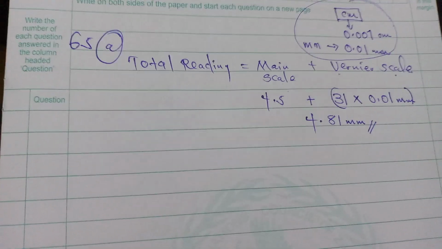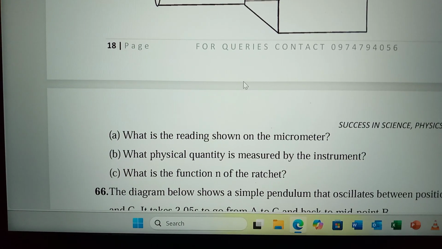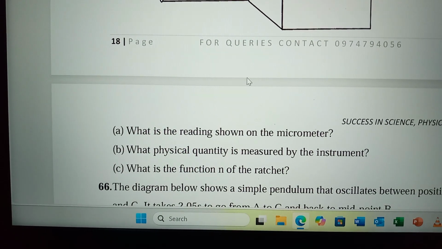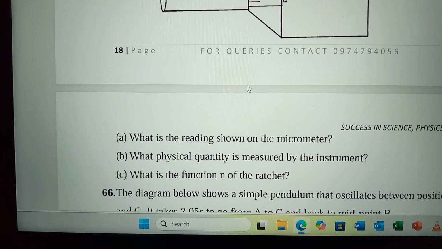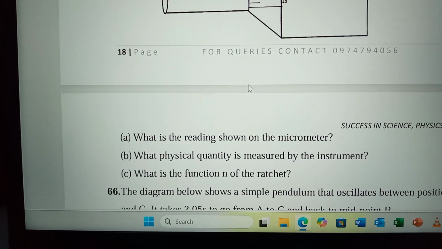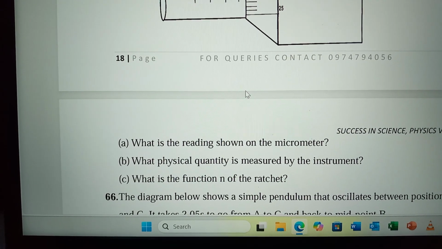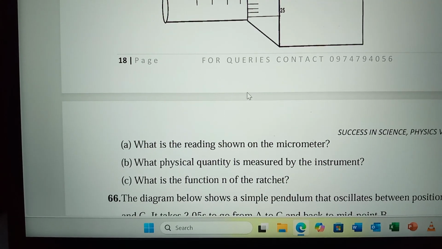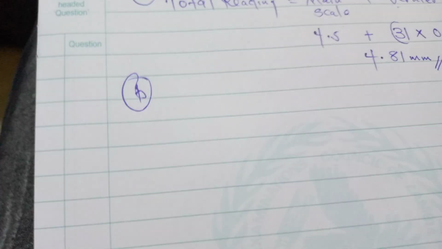So we proceed to the second question. They are saying, what physical quantity is measured by the instrument? The instrument that is shown there is the micrometer screw gauge, and specifically the physical quantity which this instrument measures is length.